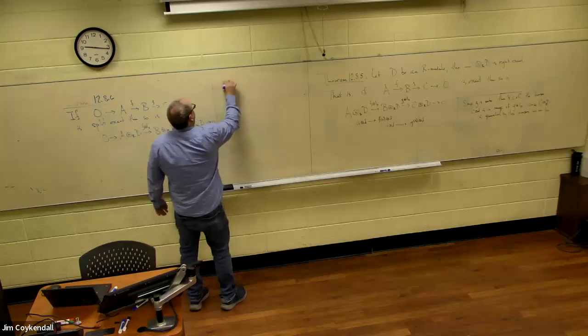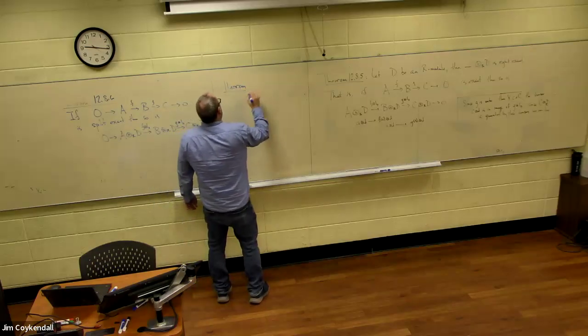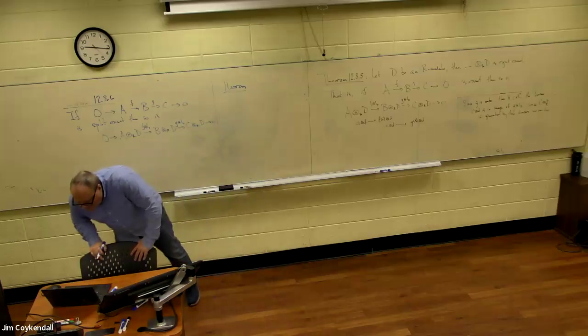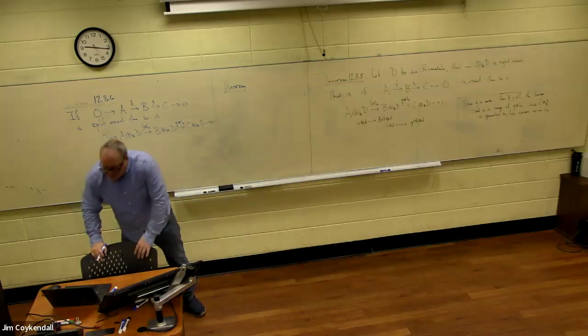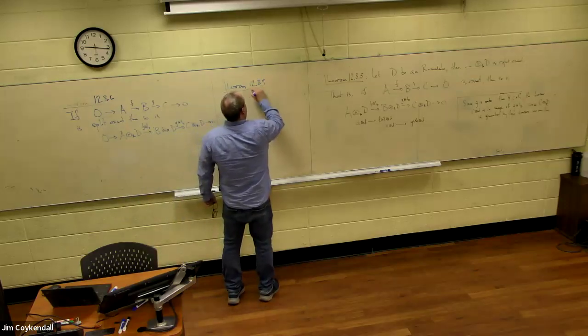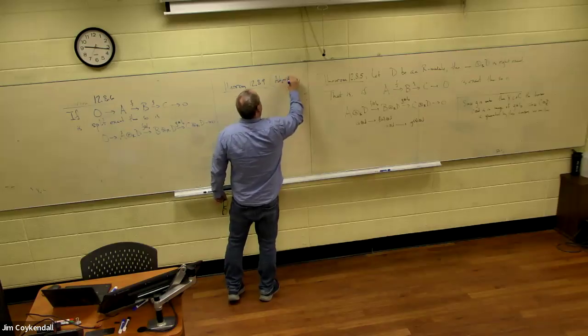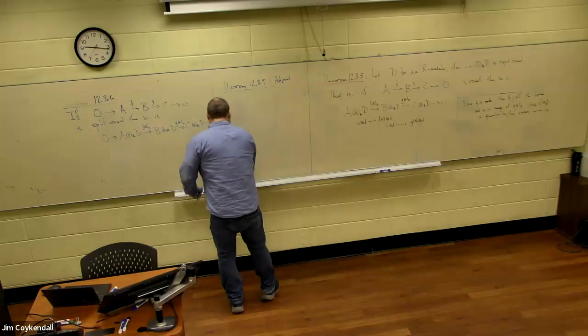We did that last corollary, I did this out of order. 12.8.9. This is called adjoint associativity.